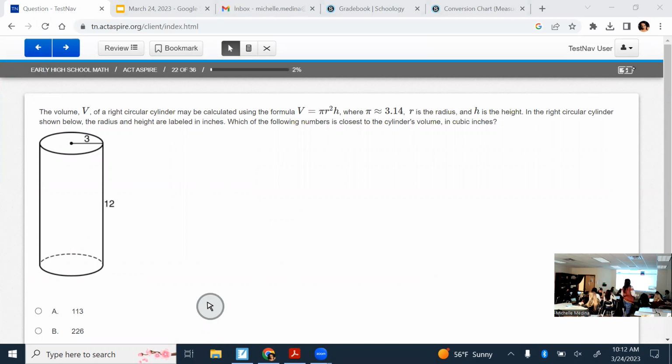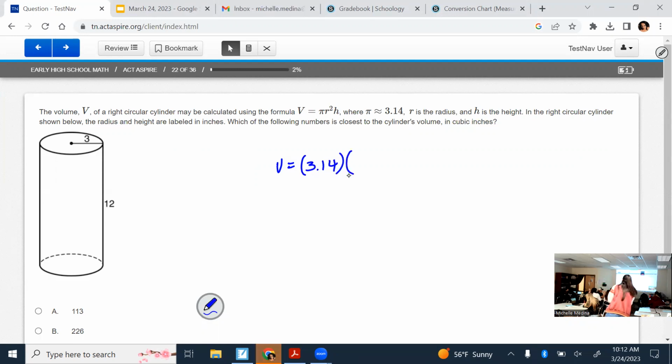In the right circular cylinder shown below, the radius and height are labeled in inches. Which of the following numbers is closest to the cylinder's volume in cubic inches? So it gives you the formula for this one. It wants you to use the approximation for pi, so use the 3.14 where the pi is.